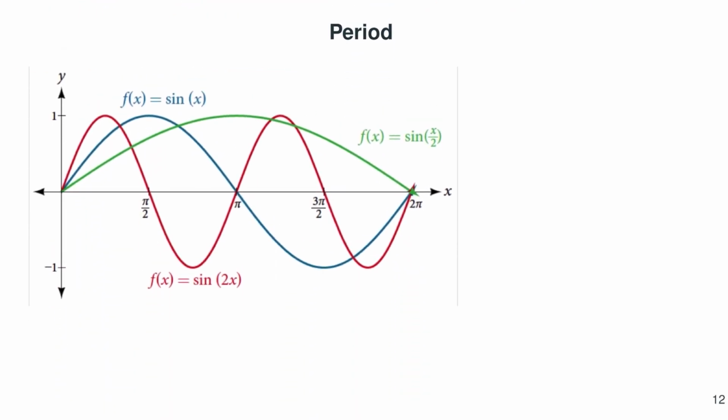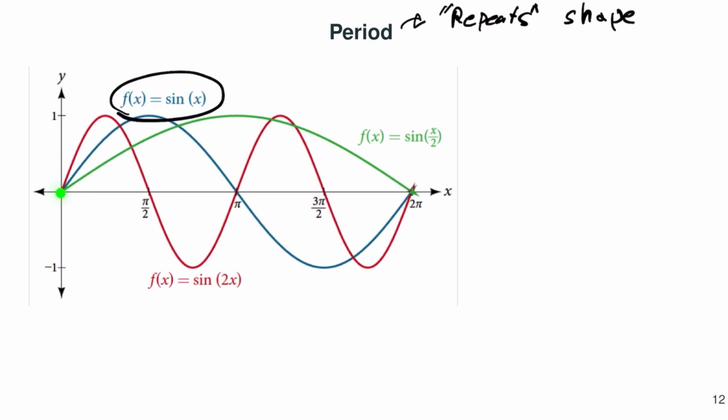What is period? Period is the amount of the segment that repeats. It repeats this shape. So for sine x, it repeats every 2 pi. So it has this every 2 pi, and it continues every 2 pi, the same shape every 2 pi. For sine 2x, now we have to be careful here.